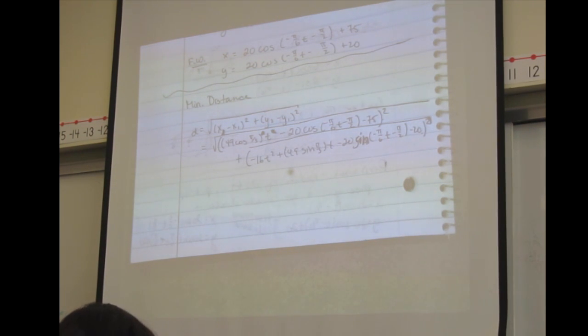Might be an easier way. Well, what exactly are we calculating? We're trying to find the minimum distance between SpongeBob and the closest point on the Ferris wheel.